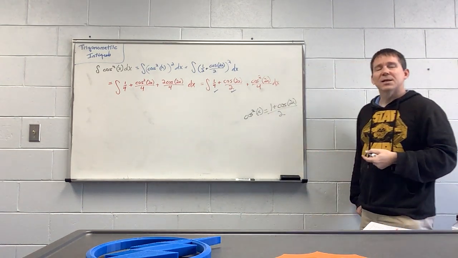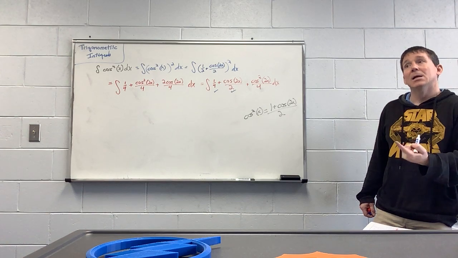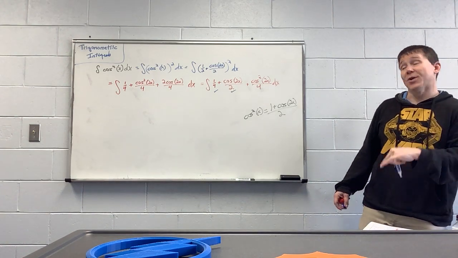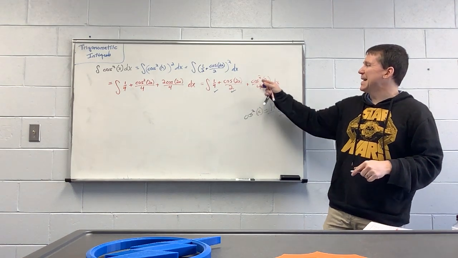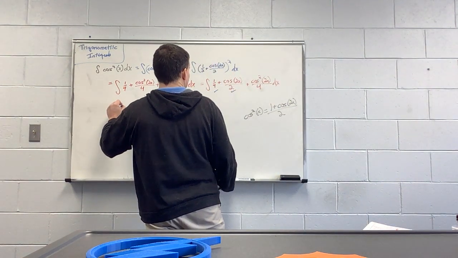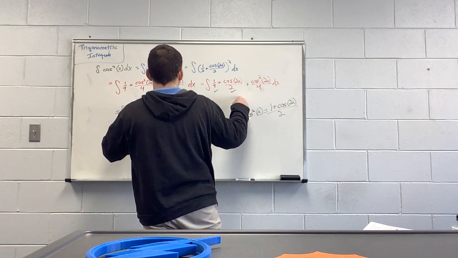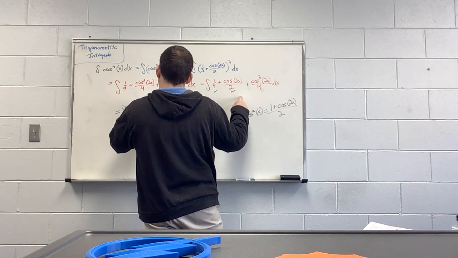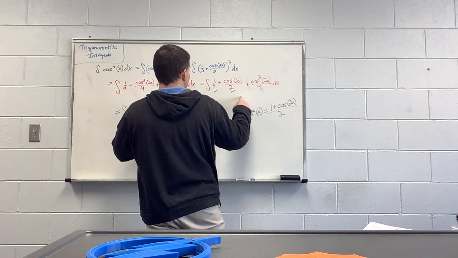Here I still have a cosine squared, and I need to integrate that, but now I actually know the trick. Reduce the power here. Power reducing identity again. If I then rewrite this, the 1/4 stays the same, cosine 2x over 2 stays the same.